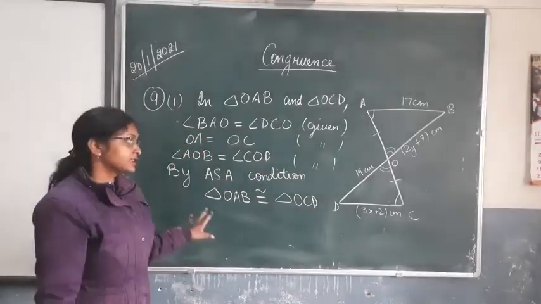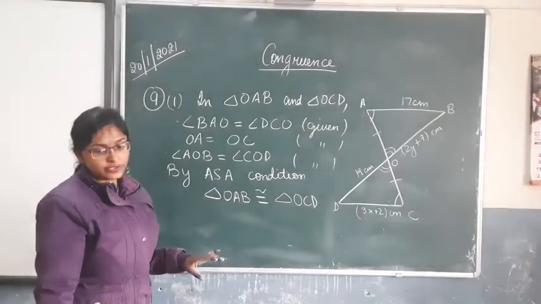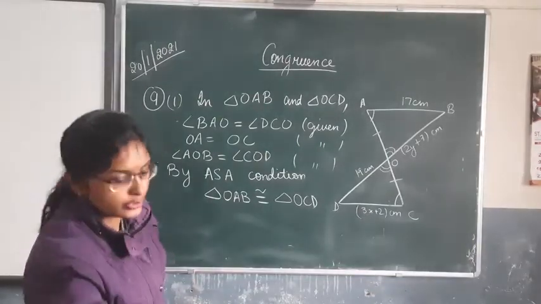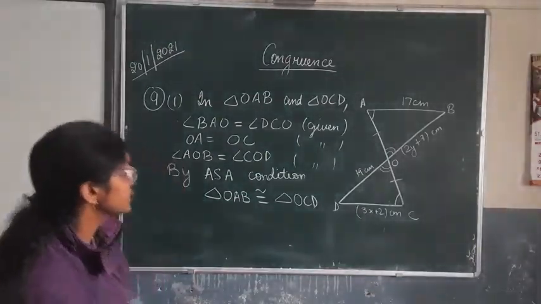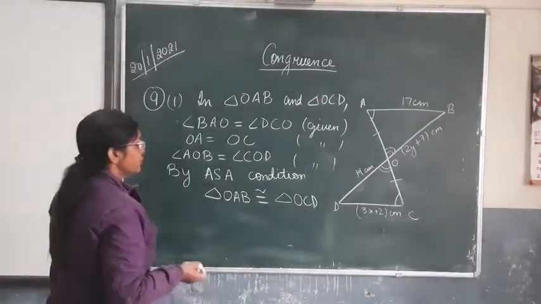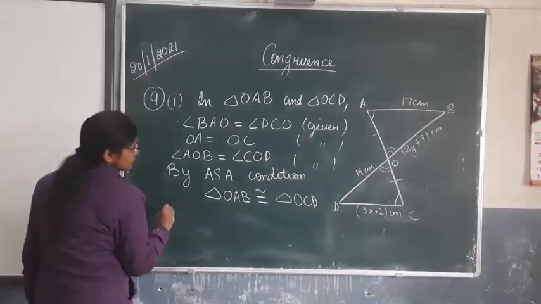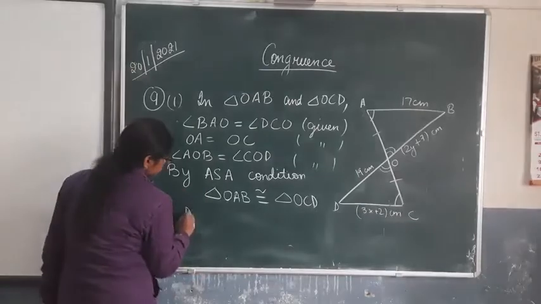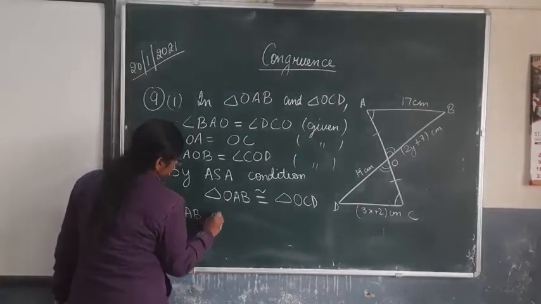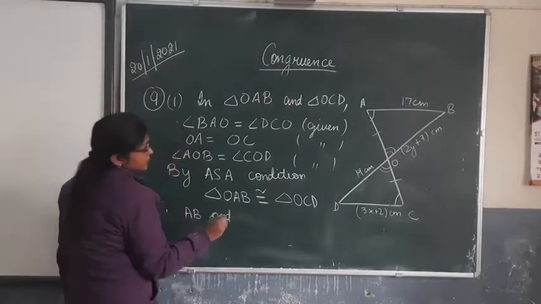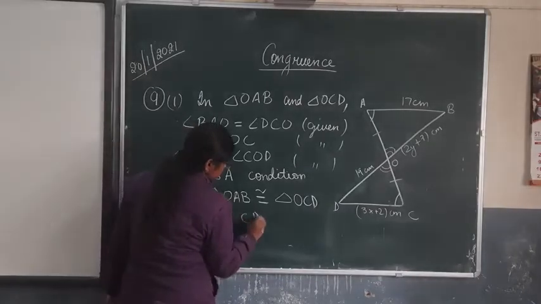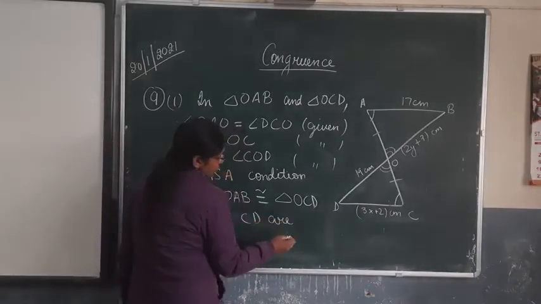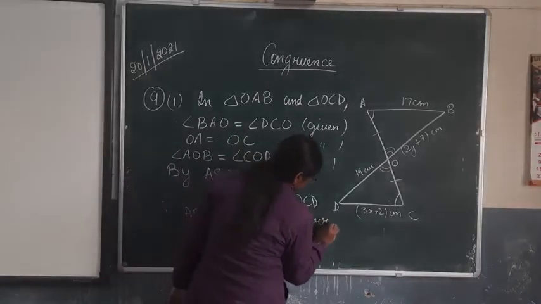So once any two triangles are congruent to each other, the corresponding parts, corresponding sides are also equal to each other, right? So we will write since AB and DC or CD are corresponding sides.